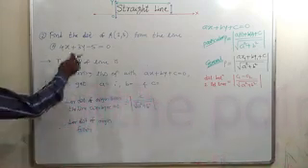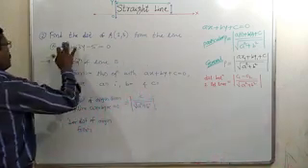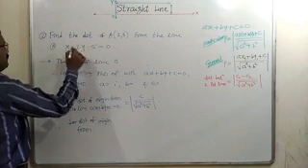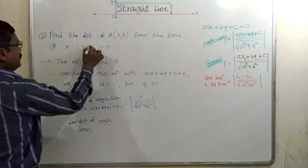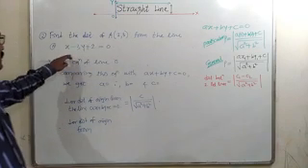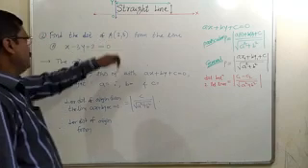Or you can change the numbers also here. x minus 3y plus 2 equal to 0. Suppose this line is given and we want to find the distance of this point A from this line.